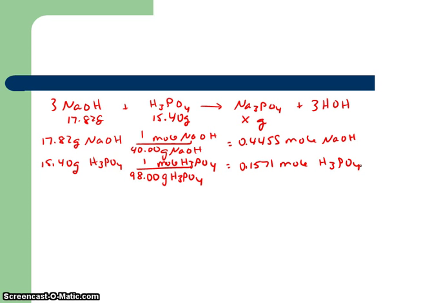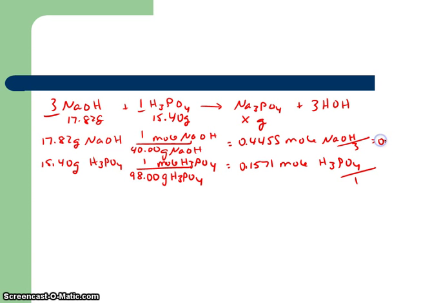Now we can't just look at those two numbers and decide which is our limiting reactant, because the balanced equation tells us that 3 moles of sodium hydroxide react for every 1 mole of phosphoric acid. So we're going to divide sodium hydroxide by 3 and divide phosphoric acid by 1.